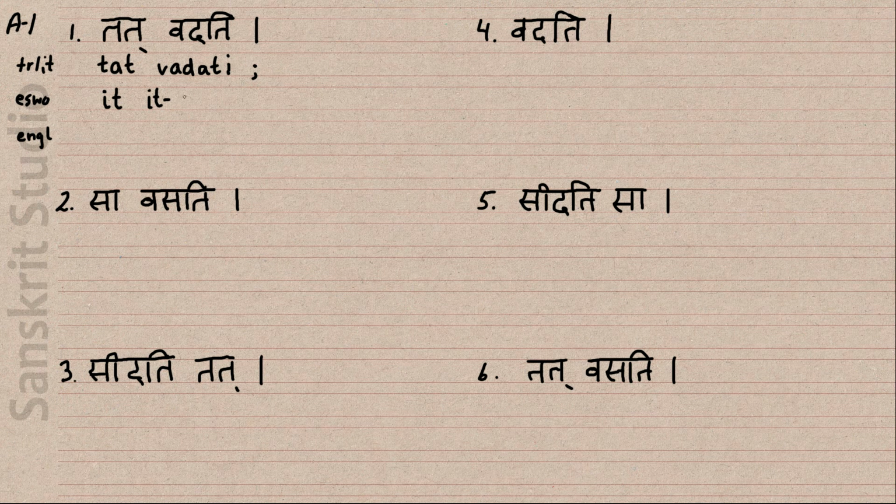So it speaks. This will be more helpful later on when we get more words in the sentence, and more situations where we don't have any pronouns, for instance, and there are so many such situations. All right, so it speaks, and that's the English with Sanskrit word order.